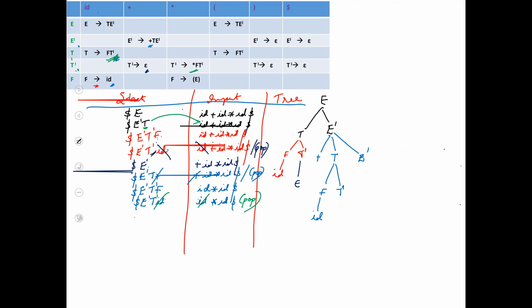So here I write $E dash, this particular term, star F T dash, but I write it in the reverse. T dash F star. Okay, so what did I do now? This T dash, I replaced it with star F T dash. Okay, here I do have star ID dollar. Star and star, it is a match, which means I am popping out things.